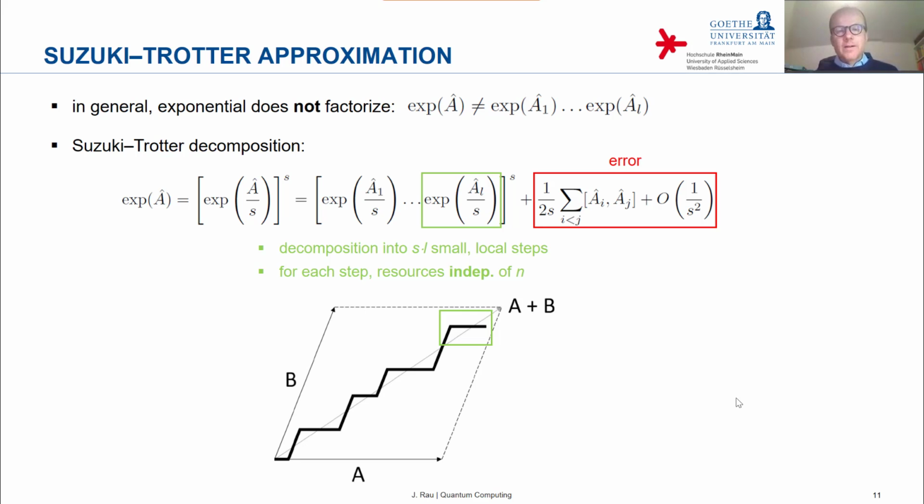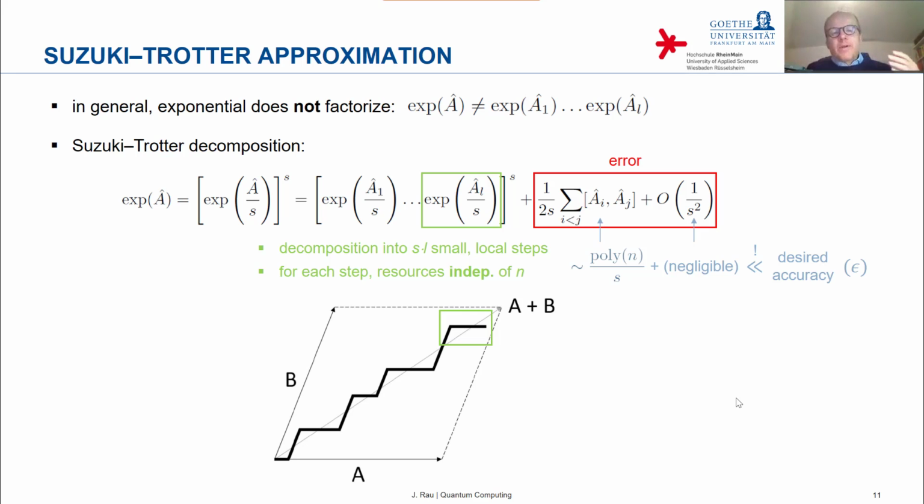So taken together, this first contribution to the error scales polynomially with n and with 1 over s. All the higher order terms in the error we said we wanted to neglect. And we want the error to be smaller than some upper bound, which I would like to call epsilon.